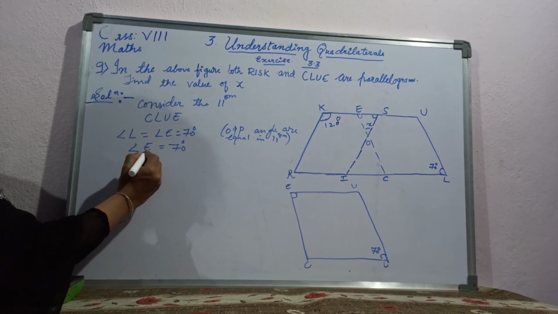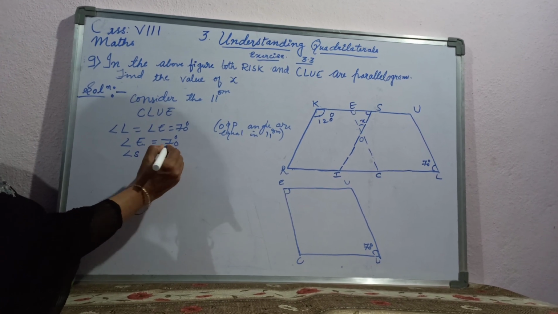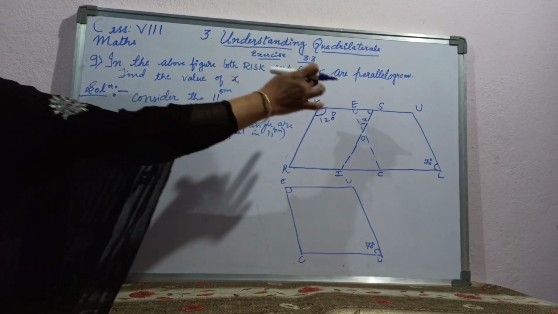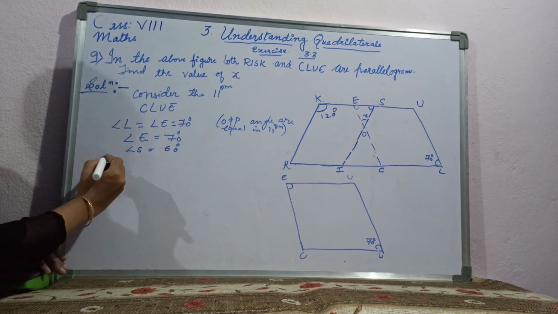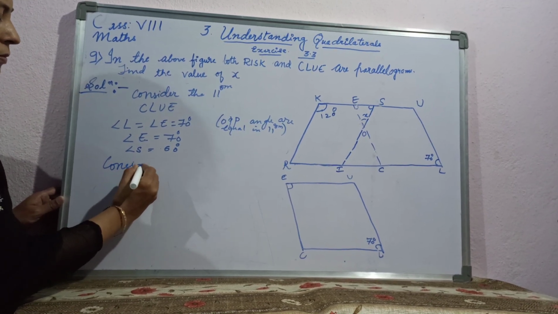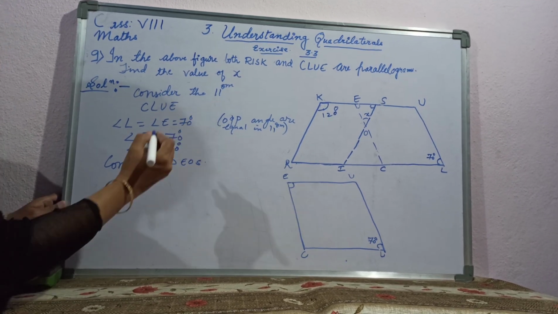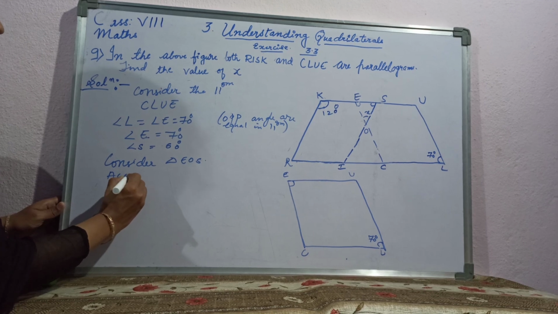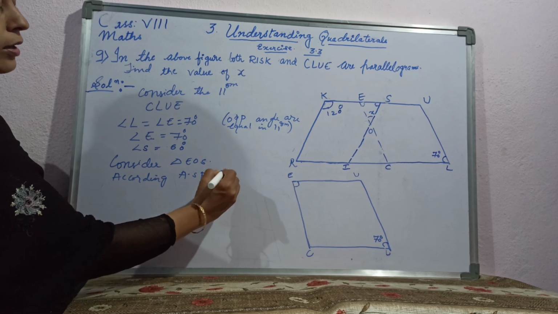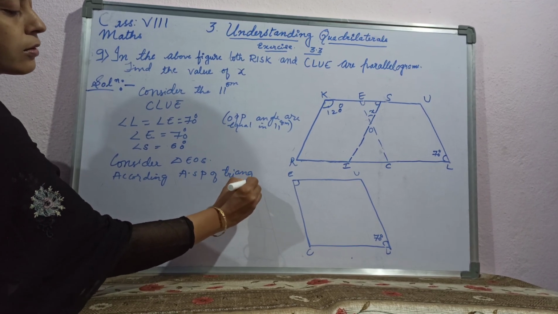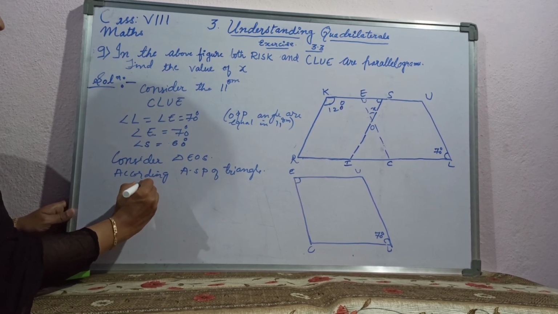As we have found angle E as well as angle S, that is equal to 60 degrees, let us find out now the main unknown angle, that is x. For that we need to consider triangle EOS. So according to angle sum property of a triangle, we know that the sum of all the angles of the triangle is equal to 180 degrees.